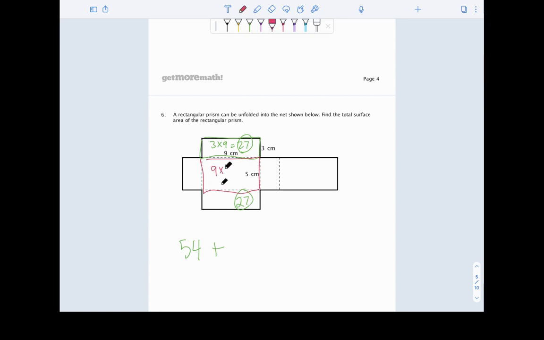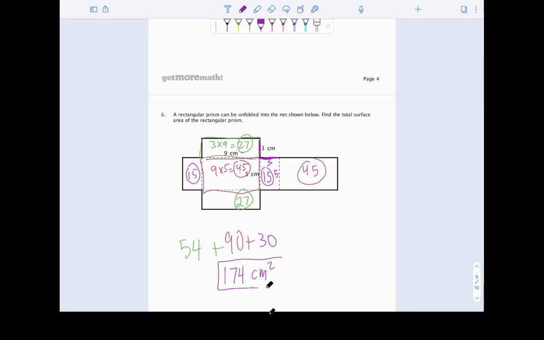So 9 times 5 is 45, and 45 and 45 is 90. If I have 2 of those, that's 90. And then I've got 3 on the side, so that makes 3 and 5. So that's 15 and 15, which makes 30. 120, 174. So it's going to be 174 centimeters squared.